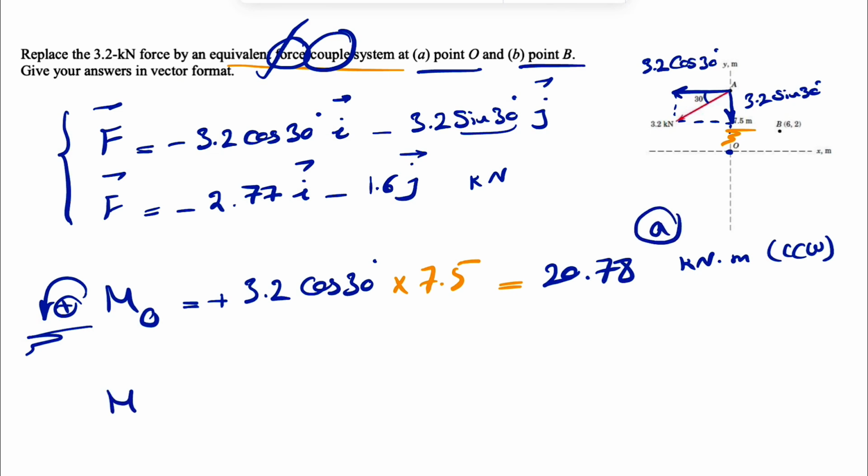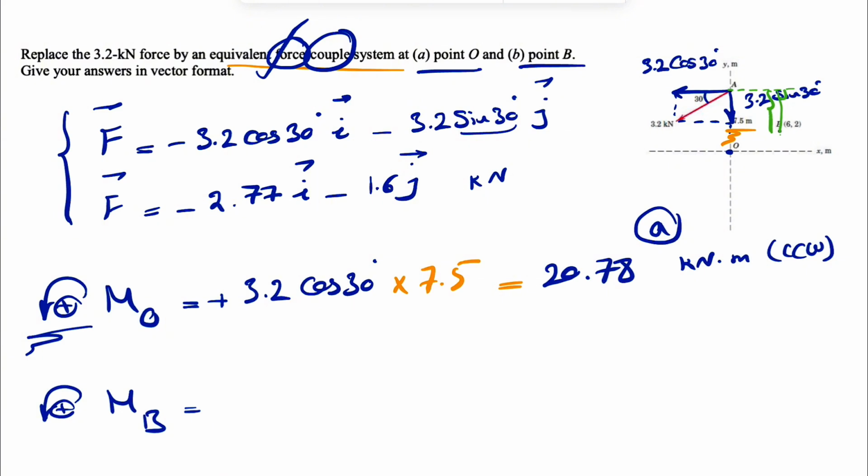And if we want to find the moment about point B, we're going to take the same approach, but this time we have the moment for both X and Y components. So let's start with the X component again. The distance that we are interested in for that moment would be the vertical distance to the line of action, which is what we have here.